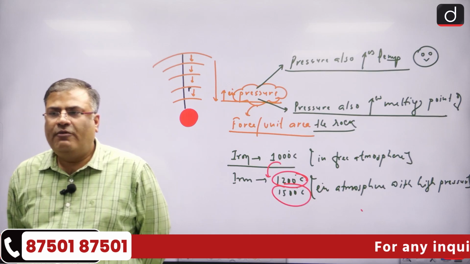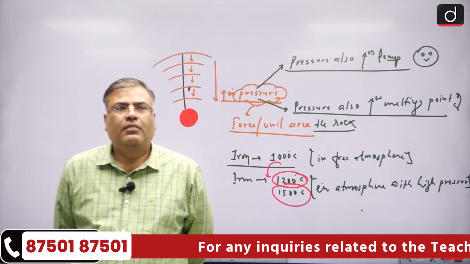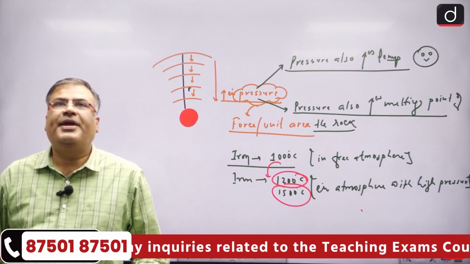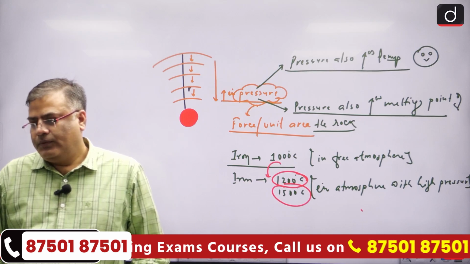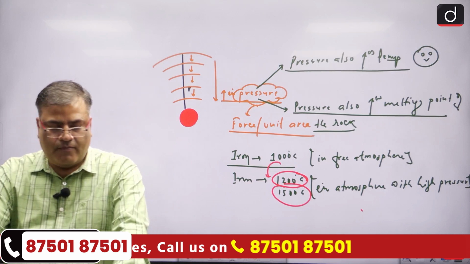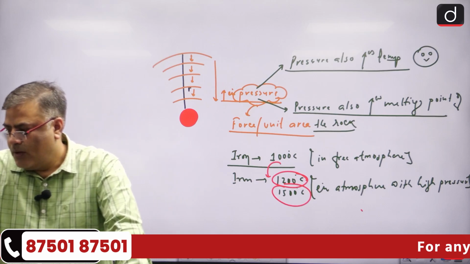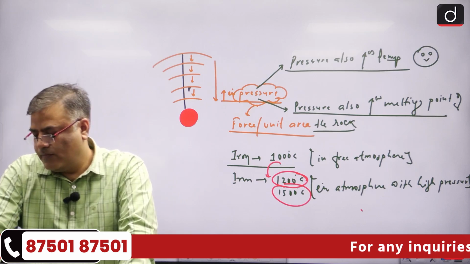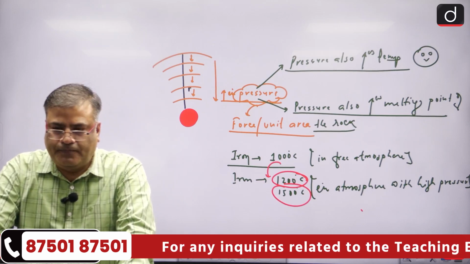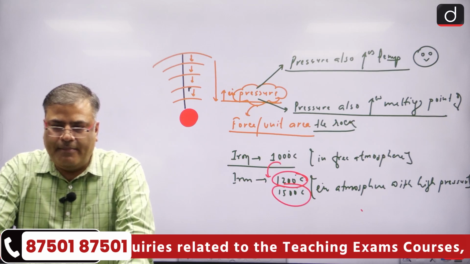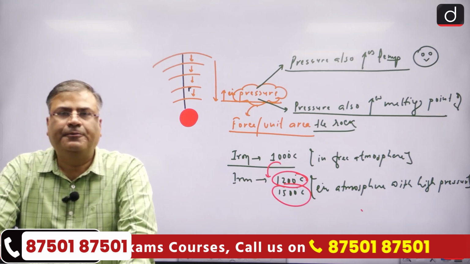Since melting point of the rock increases, this is why Earth's interior behaves like a solid sphere, even at such a high temperature.